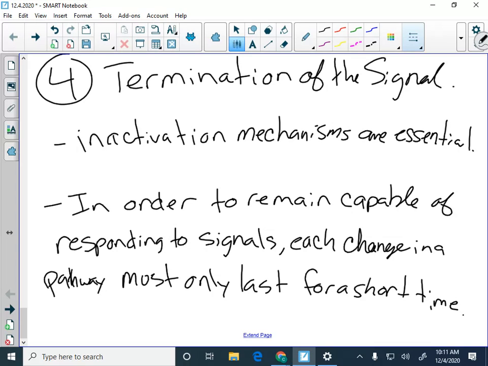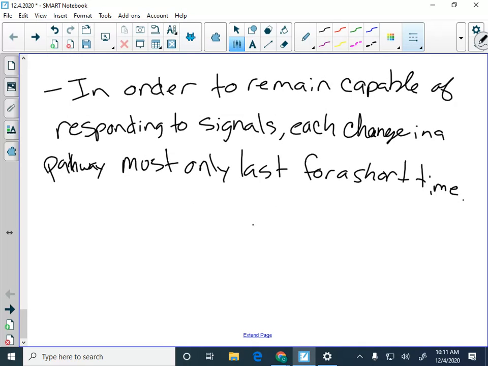That signaling molecule that initially triggered that receptor has to dissociate fast. So if there is another signaling molecule right around near, it can bind and we can continue to propagate that signal. The ability to receive signals depends on reversibility.